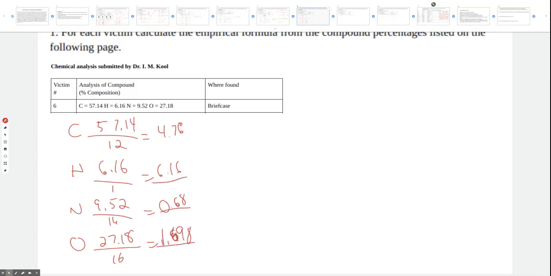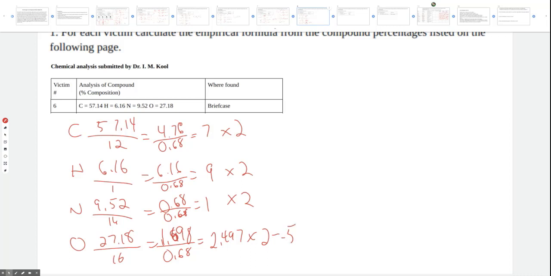The smallest number out of all of these is 0.68. So divide everything by 0.68. Which gives me 7, 9, 1, and 2.497. Of course, right? Couldn't be that easy. Multiply everything times 2.